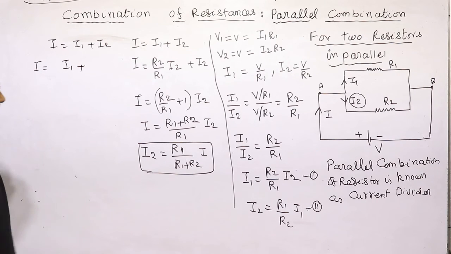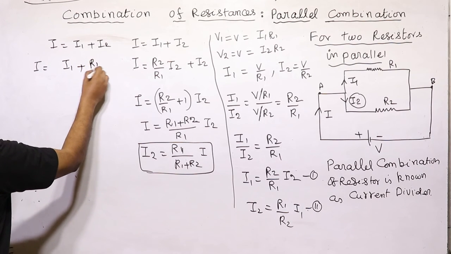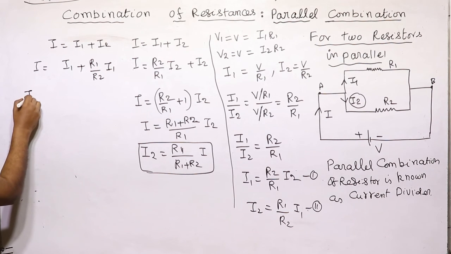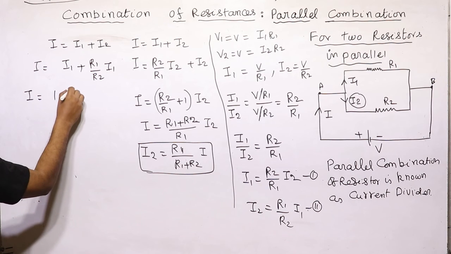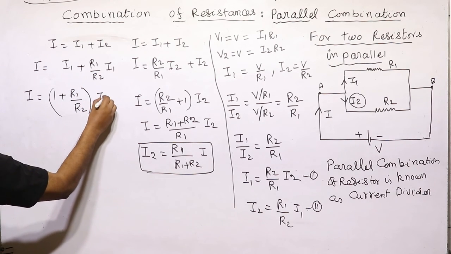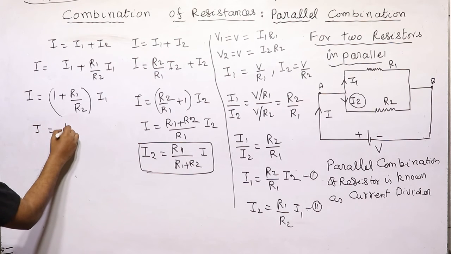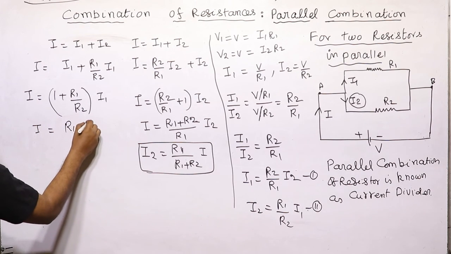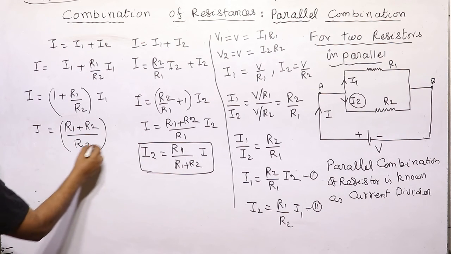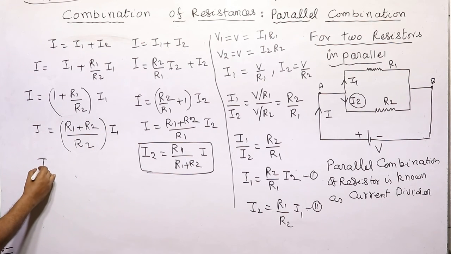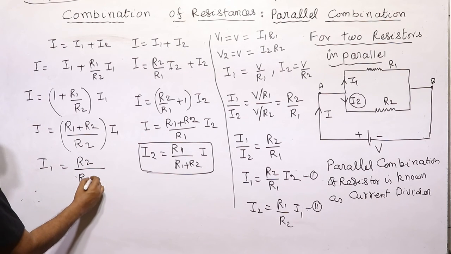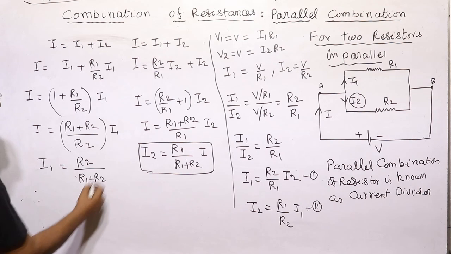I is equal to I1 plus R1 by R2 into I1, or I is equal to 1 plus R1 by R2 into I1, or I is equal to R1 plus R2 divided by R2 into I1, or I1 is equal to R2 divided by R1 plus R2 into I.